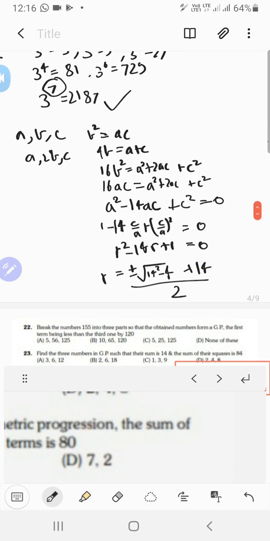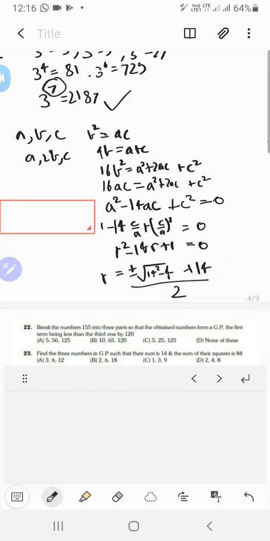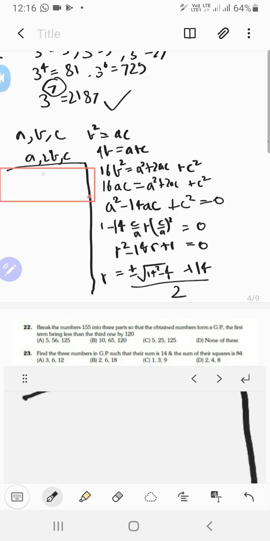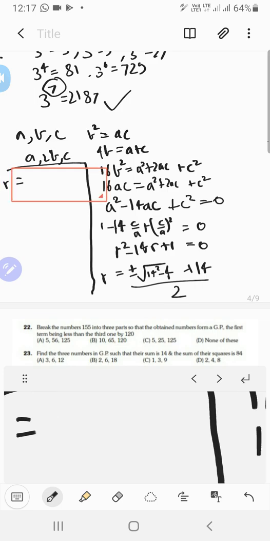Okay, wait, what? What happened? Okay, so let me get myself some more space. So that means that r is equal to plus minus root of 14 squared minus 4. You can factor out a 2 squared from both of them.